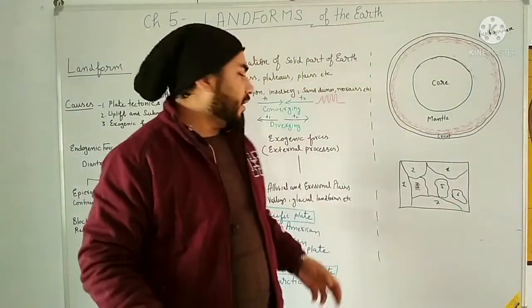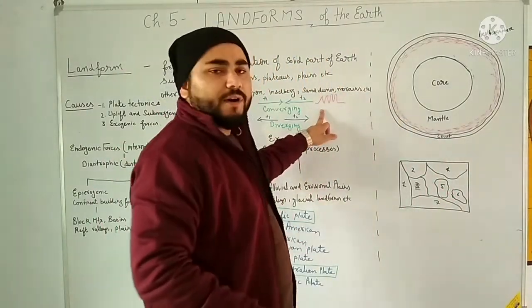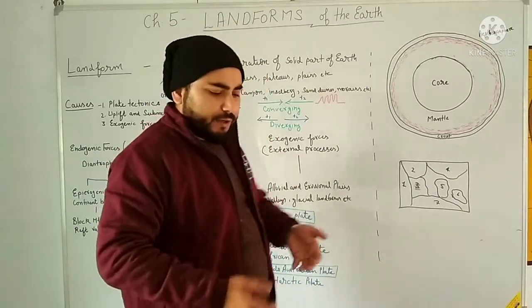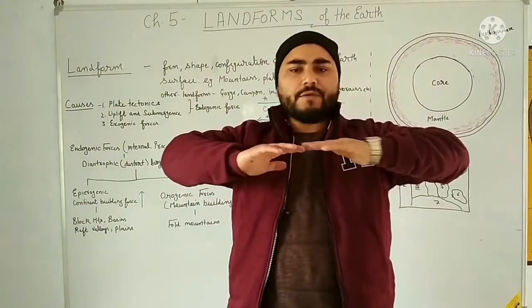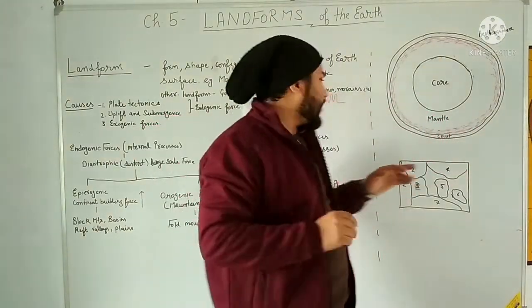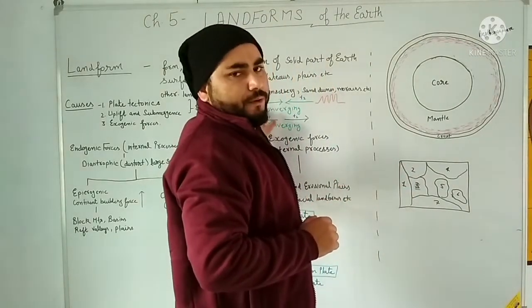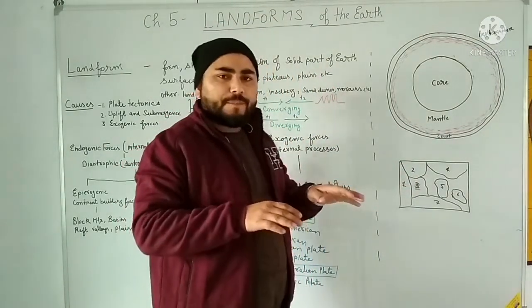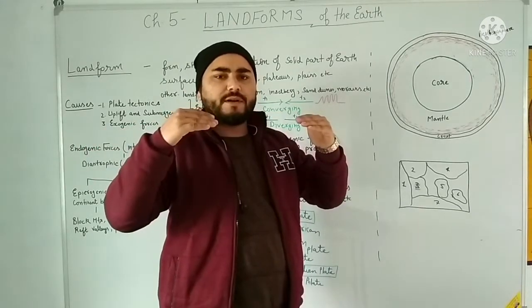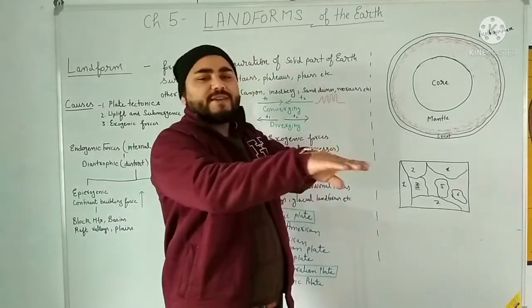So in that type of movement, fold mountains are created. And when the tectonic plates move away from each other, cracks will be generated. Cracks may be generated during folding also, because tectonic plates either move towards each other, move away from each other, or slide past each other.